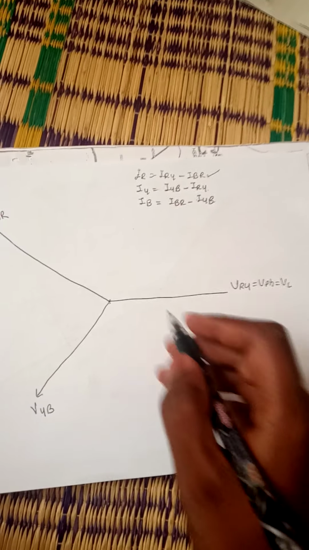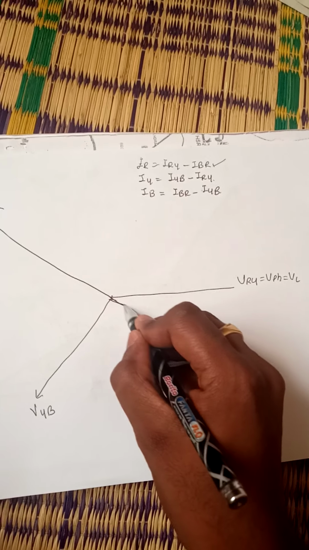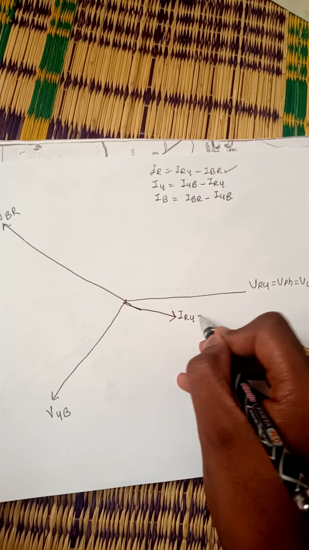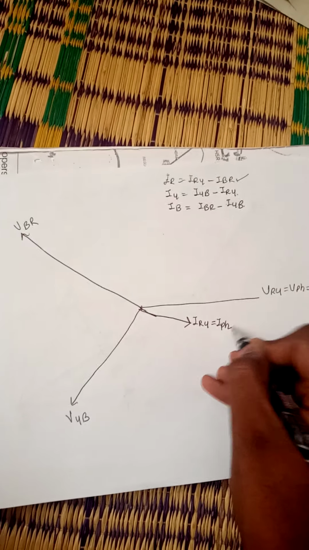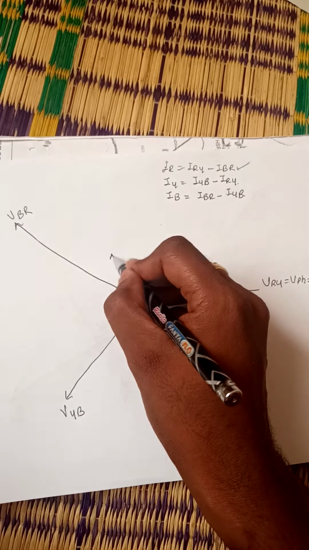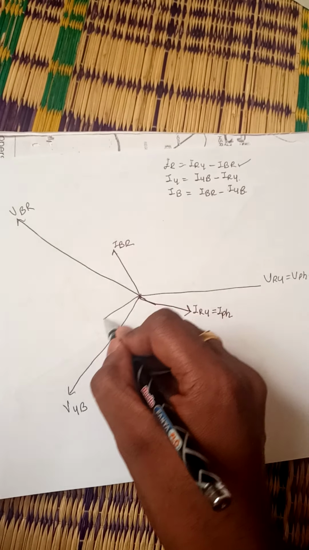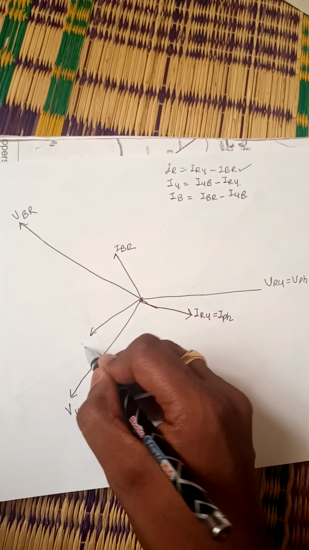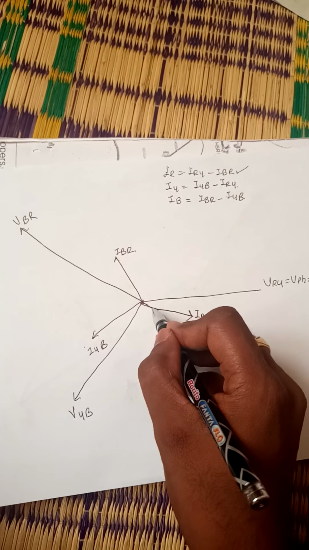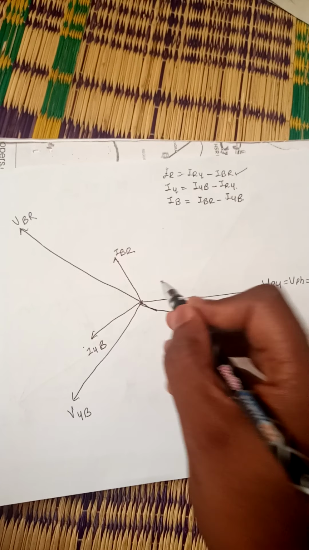Here first you have to write three current vectors. The first current vector IRY is IPH, the phase current, right? The other phase current I will draw here, IBR. The other phase current I will draw here, that is IYB. This current is lagging with respect to this one by an angle of 120 degrees, and between these two the angle is 120 degrees.